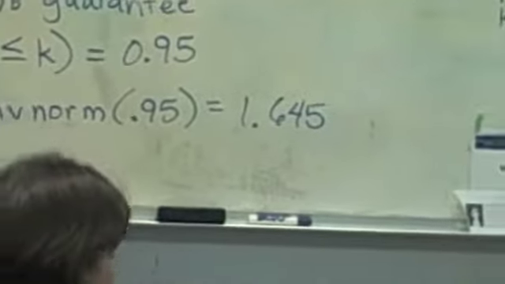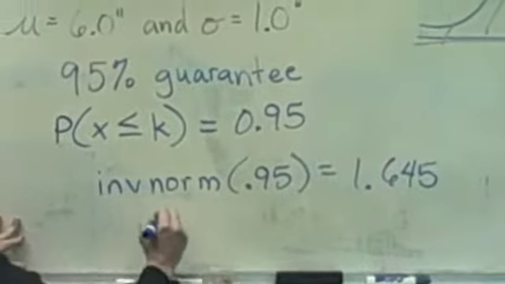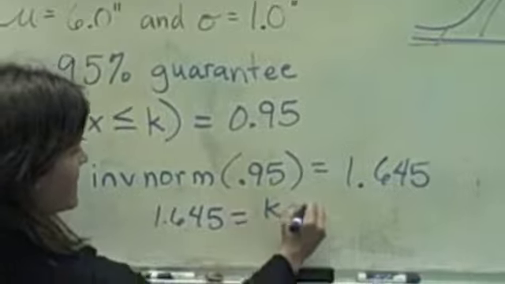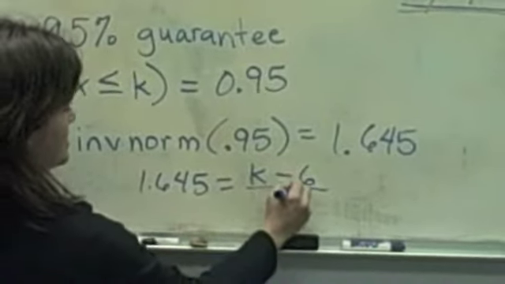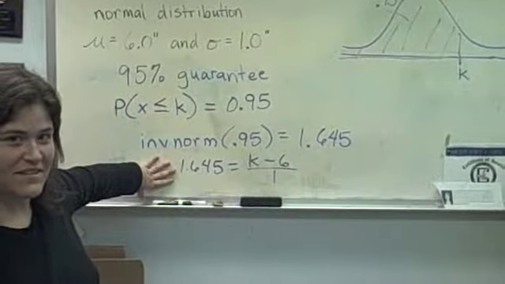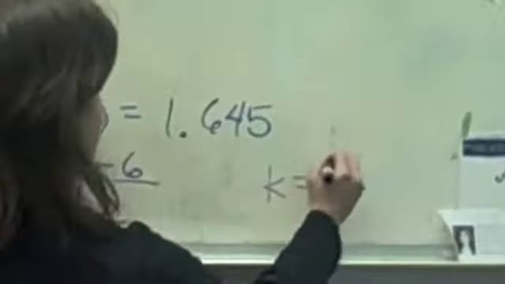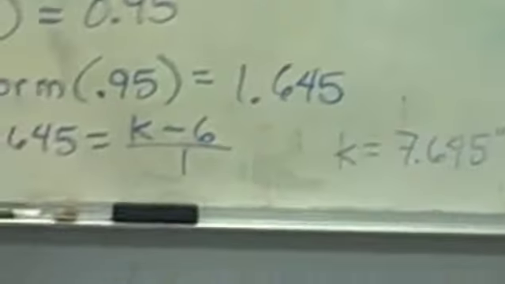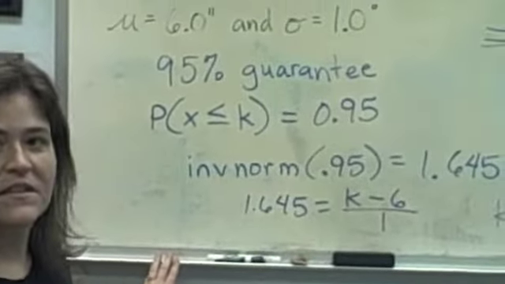It's a special z-score. But so 1.645 is our z-score, so our data value is going to be, using the z-score formula, K. Our mean was 6, and our standard deviation is 1. So this means that our helmet size would have to be 7.645 inches to be guaranteed to fit 95% of males' heads in this population. The end.